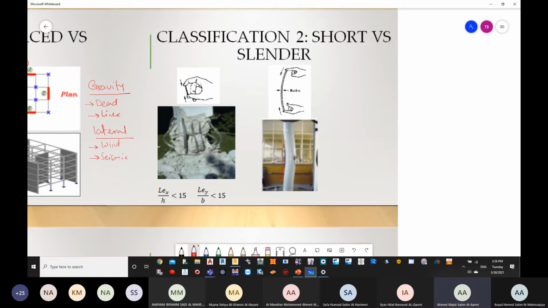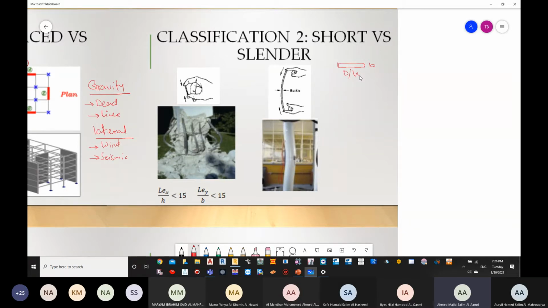Now we have learned that B is the width. The depth is normally called D, or is called H when it comes to the column. So H refers to the depth of the column, B refers to the width of the column, and L refers to the length.